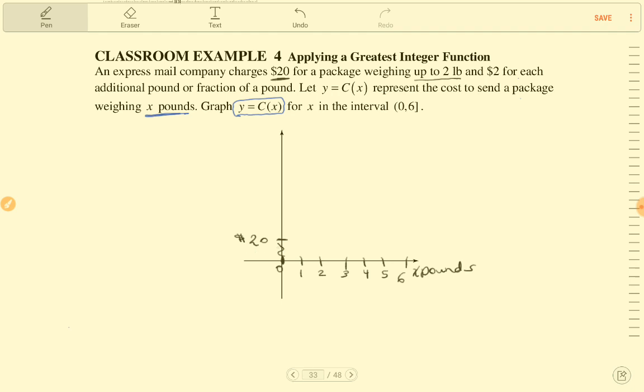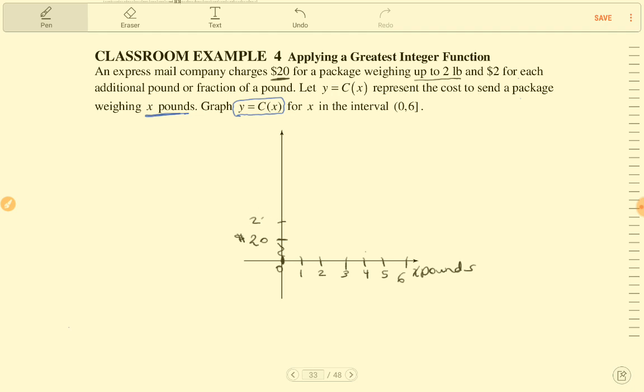We got a little jump there up at 20. And then we will make $2 jumps every time we go above 2 pounds by 1 pound, so another 1 pound increment. So I'm going to go up to $22 on the next step. When I get to 3 pounds, I'll go up to, sorry, I think I said 22 pounds. I meant to say $22.